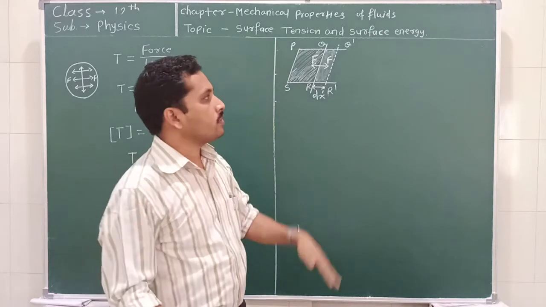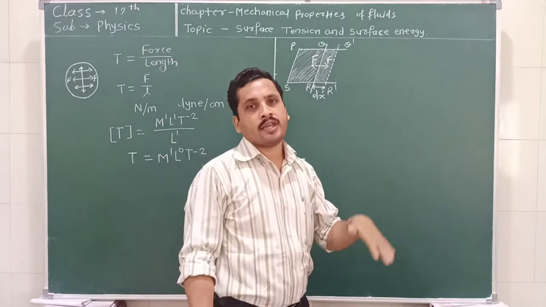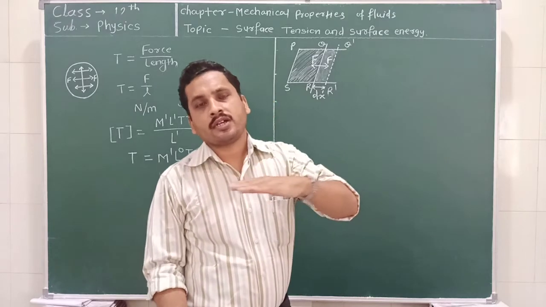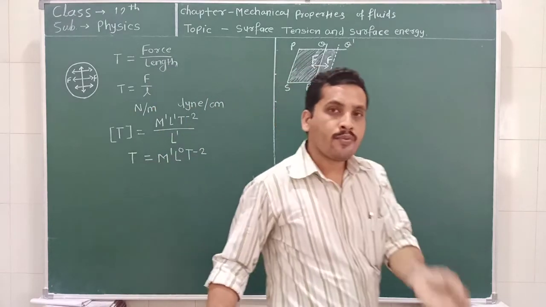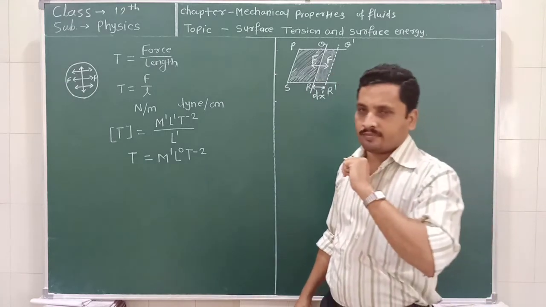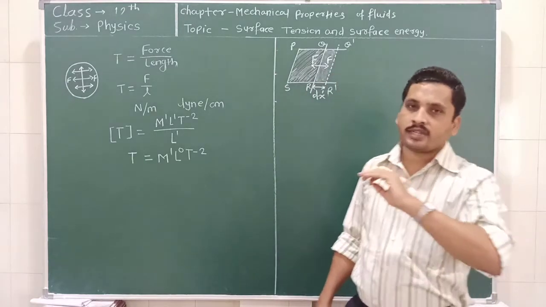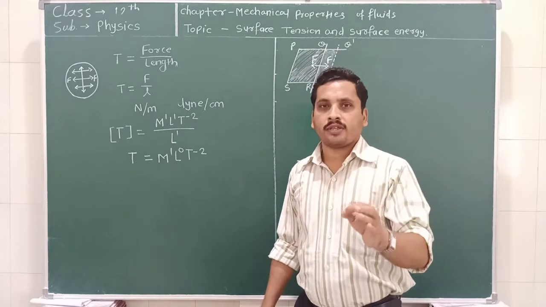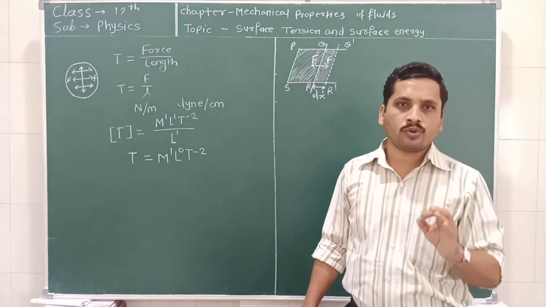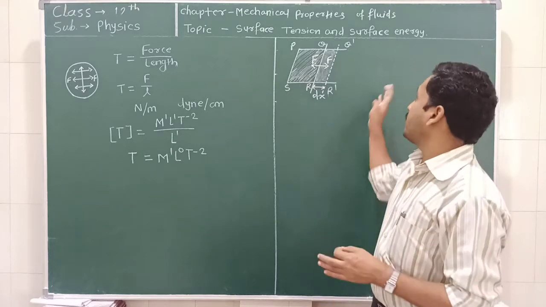So the molecules are trying to go inside the liquid, therefore the surface area of the liquid decreases. And if we have to increase the surface area, then we need to do some work against the cohesive force. So this is all about the surface energy.